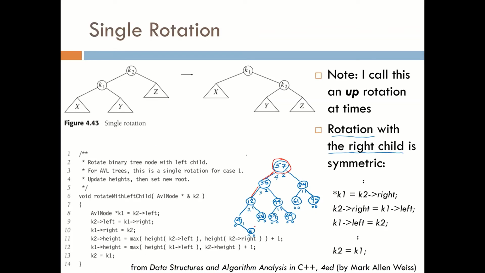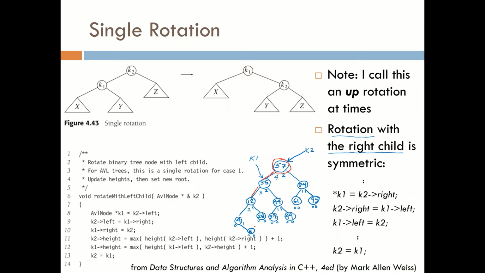Okay, so in this particular function, we're going to execute this function, rotate with left child. That's what was called from the previous slide. And so K2, it's important to notice that K2 is right here. That is the root of this particular subtree, and it was called from the previous function. And then we're going to declare a pointer K1, and we're going to make it point to K2's left. So K1 here is going to point to K2's left, which is node 35.